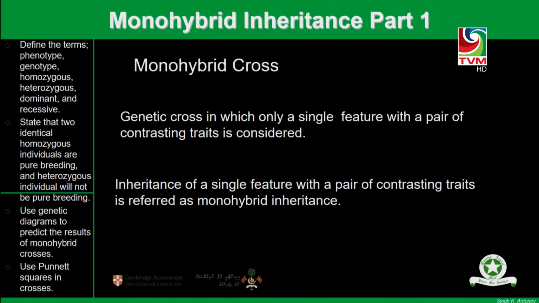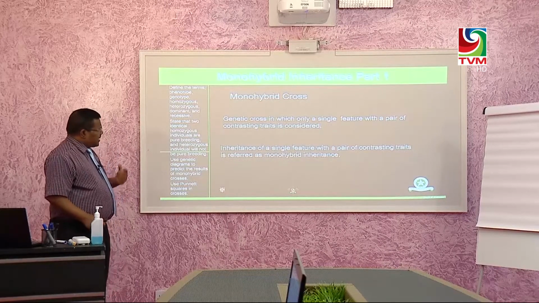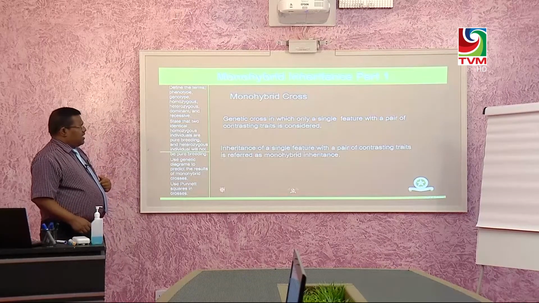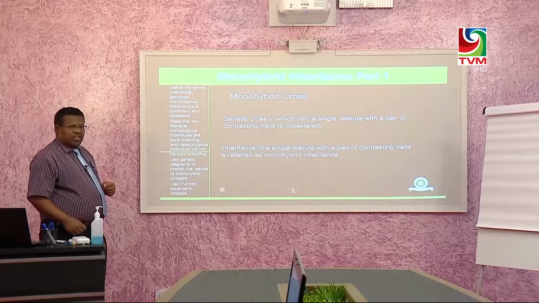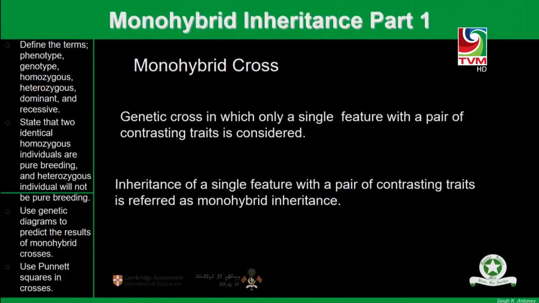And those crosses where he considered two different features are said to be dihybrid crosses, which you are not learning in your syllabus. So just remember that in a monohybrid cross, he has taken into consideration only a single feature. For example, if he has taken the feature as the flower color, then there are two contrasting traits for that, the purple color as well as white color.